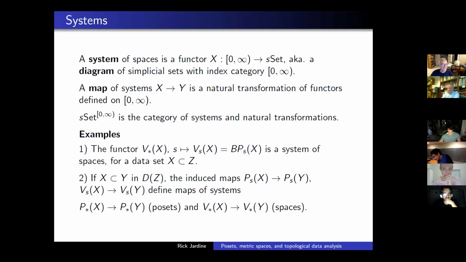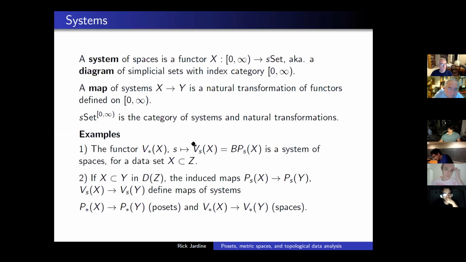This is a completely functorial thing. So the system of spaces is just a functor, and a map of systems is a natural transformation. So it's a category of such things, and I've given you the standard notation for it. Functors from, say, I to Y is usually represented as C to the upper I. So in this case, the target is simplicial sets, and the index category is this poset.